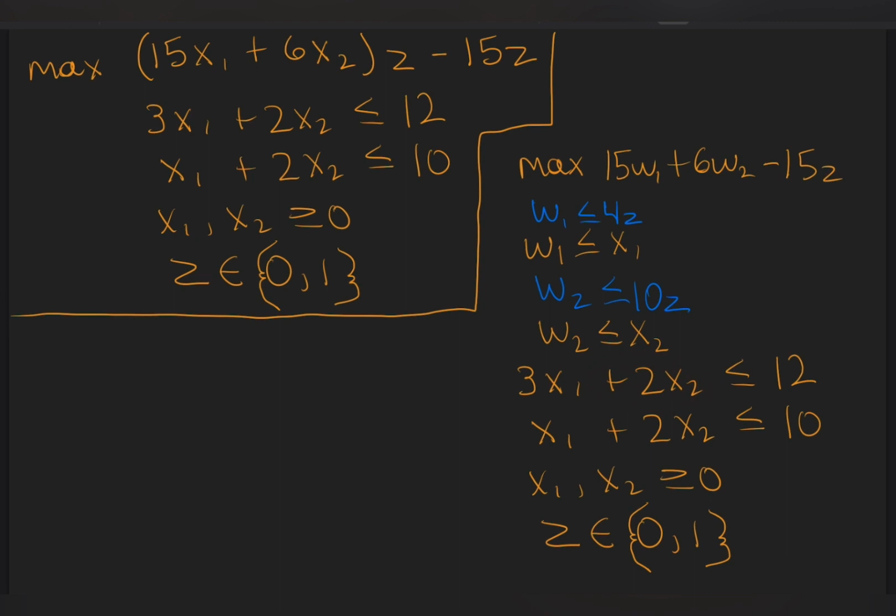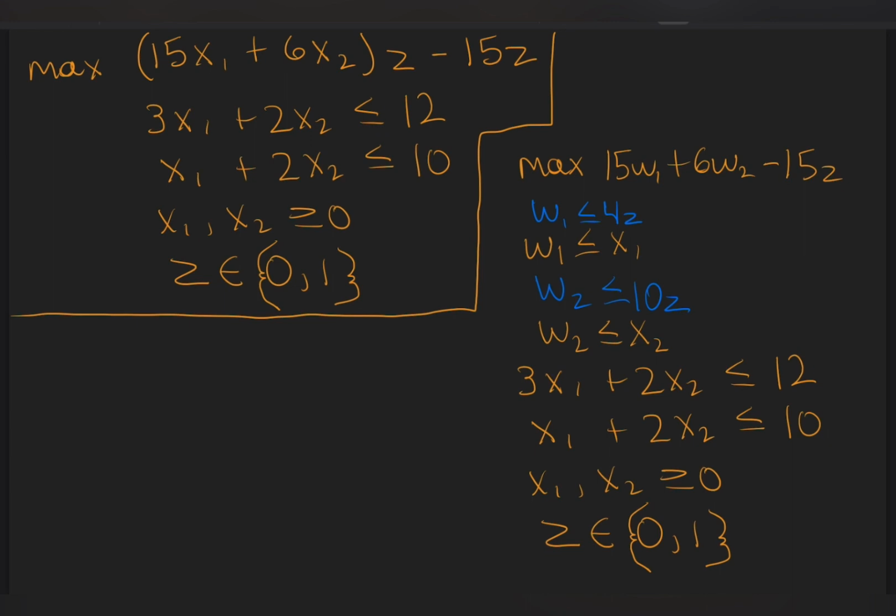If you produce 5 bottles of alcohol 1, then you would have a 15 here, and using simple algebra, that would mean x2 would be negative. Of course x2 can't be negative, since we can't sell negative bottles of alcohol. So that means w1 is less than or equal to 4 times z. That is the upper bound. So w1 is at most 4, because we can only sell 4 bottles of alcohol 1 anyway. It doesn't matter if w is 4, 3, 2, 1, as long as we know that w is less than or equal to 4.